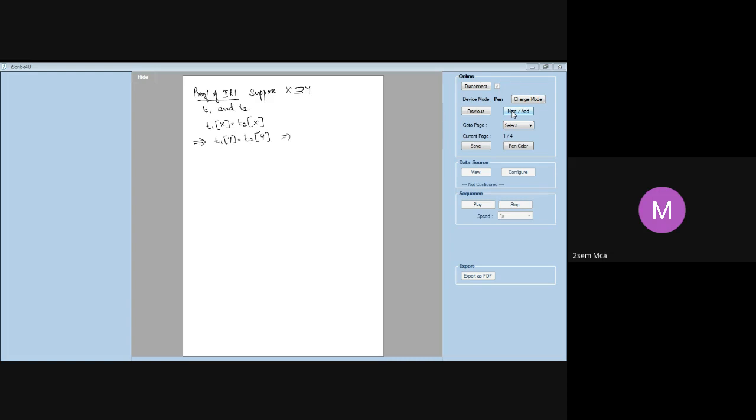Because T1 of X is equal to T2 of X is given to us, so obviously T1 of Y is also equal to T2 of Y because X is a superset of Y. So X determines Y must always hold in R.